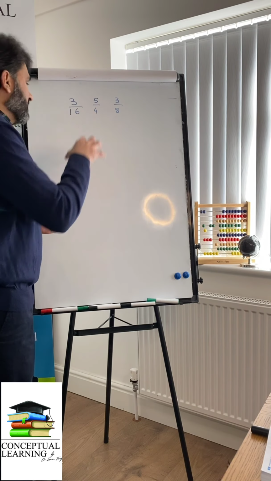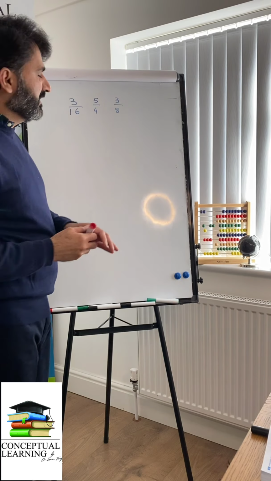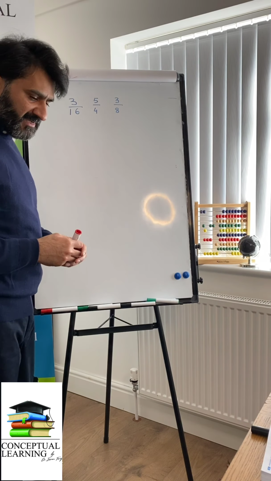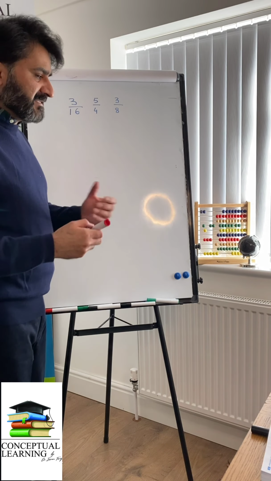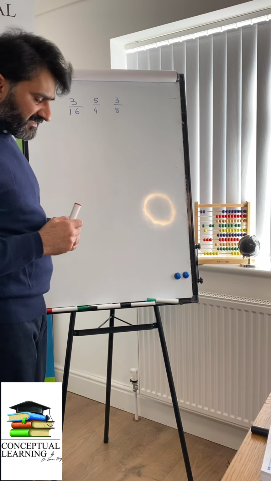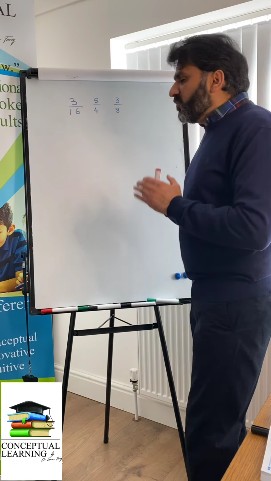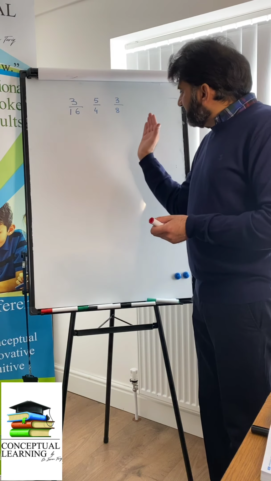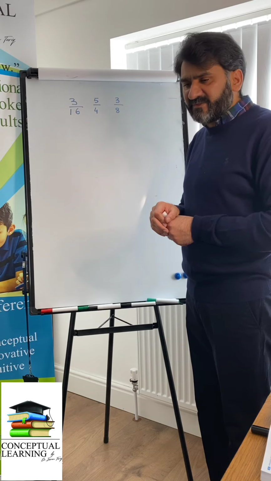When we have a common denominator, you can easily compare the numerators, and on the basis of the numerators you can order ascending or descending, from smallest to largest or largest to smallest. That is easy. The first job is how we convert different denominators into one common denominator.